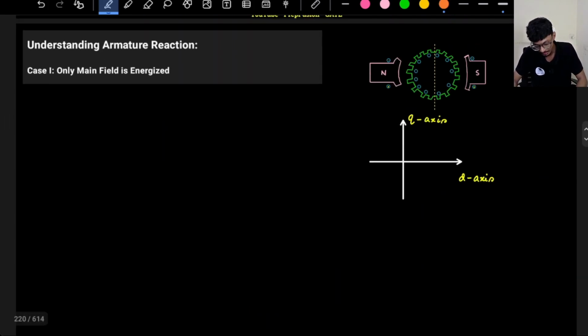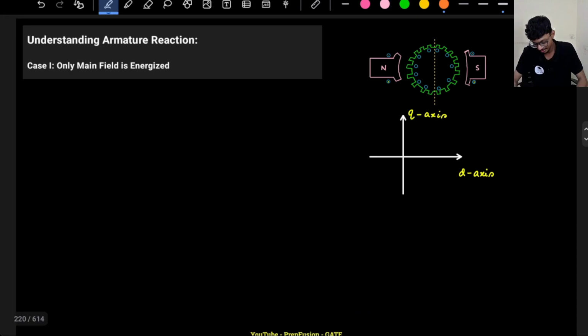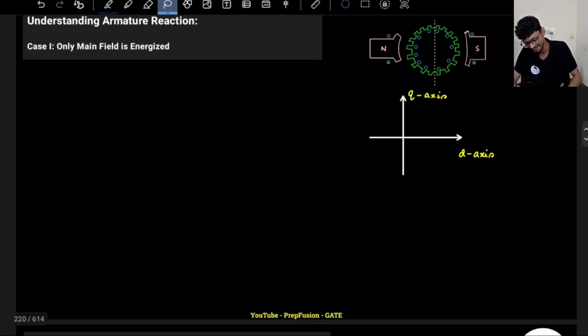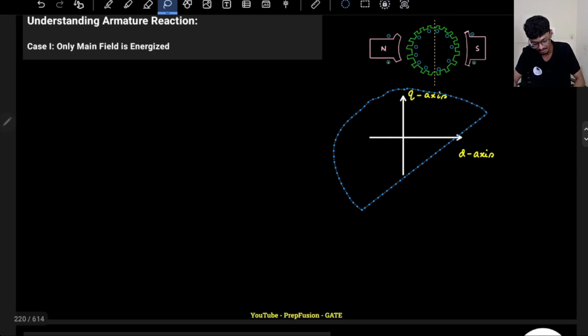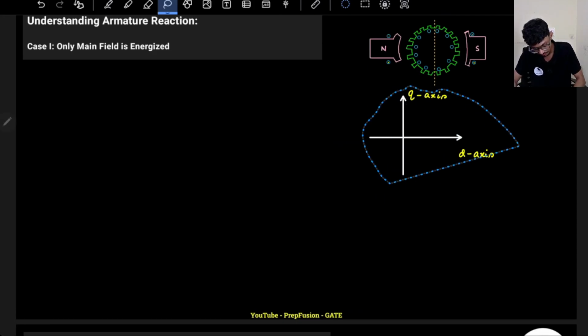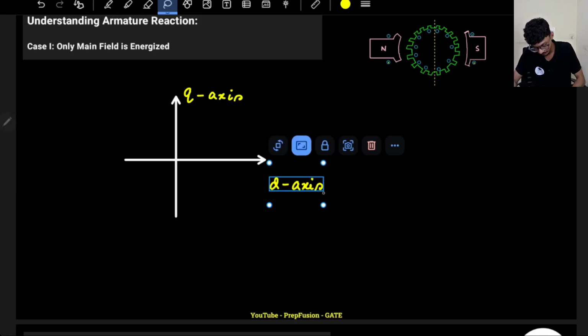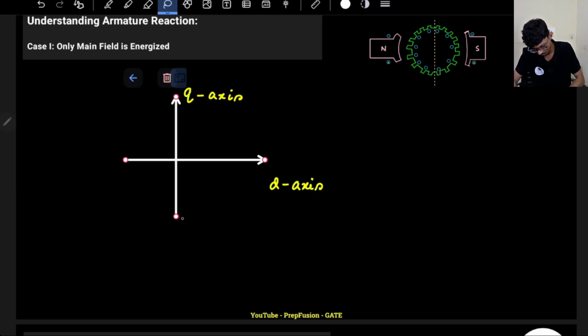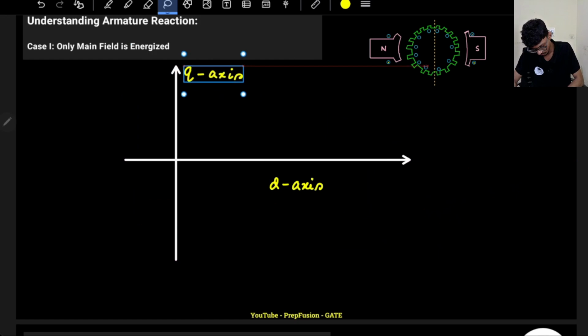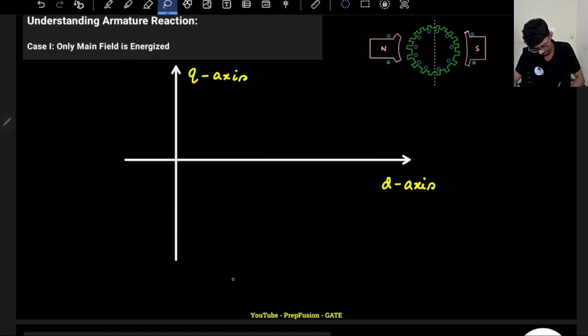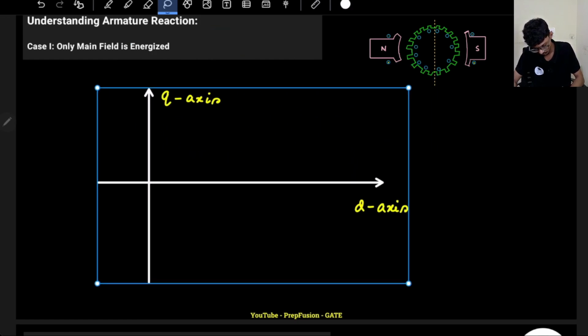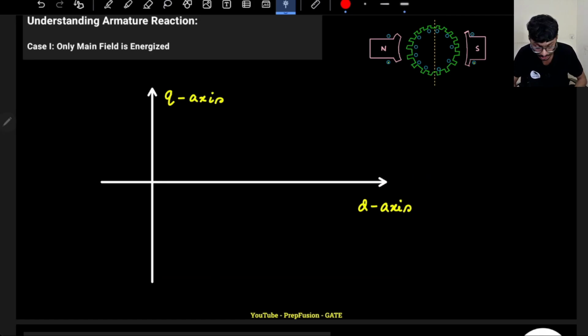Now let's break down things into cases to understand the armature reaction even more. Although we have understood it already, let's look at it in full detail. Assume that only my main field is energized, and there is no current in the conductors.